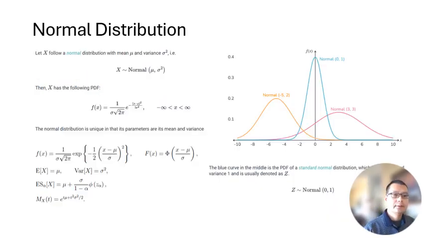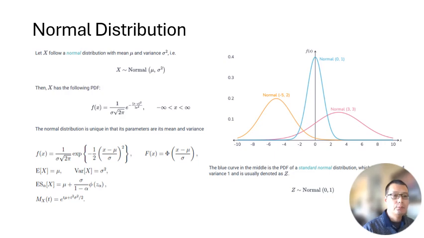The next distribution that I'm going to review with you is the normal distribution. I'm sure you are pretty familiar with the normal distribution because it has been used in many areas. So if x follows a normal distribution with mean mu and variance sigma squared, then x has the following PDF.